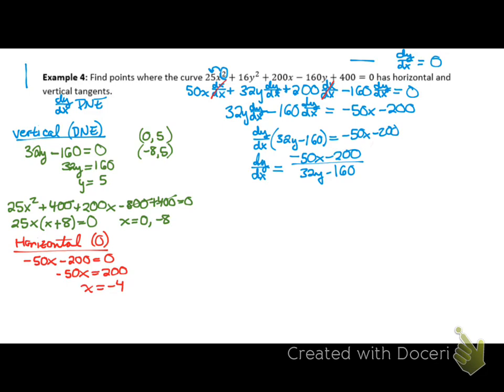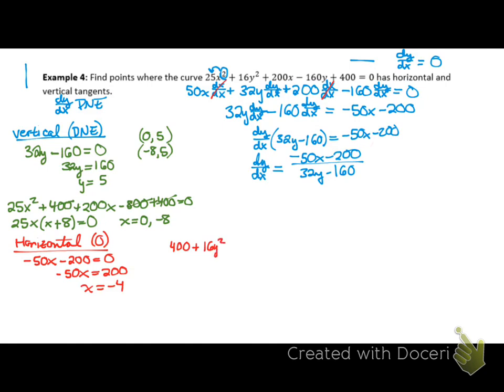We just need to find the corresponding y values. To do that, we're going to take this negative 4 and plug it into the initial equation, just like we did with the vertical tangent, the 5, and see what we get. So we get, let's see, 25 times negative 4 squared is 400. Then we have plus 16y squared.